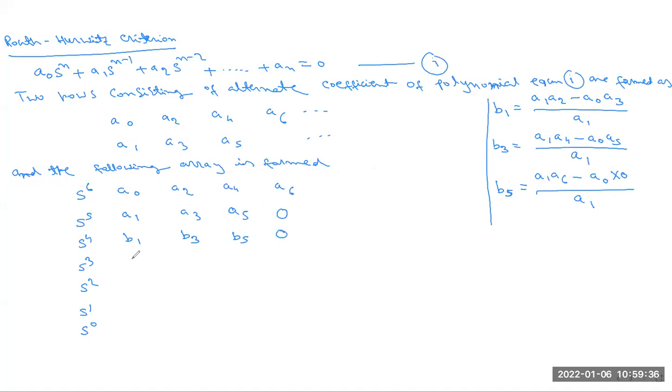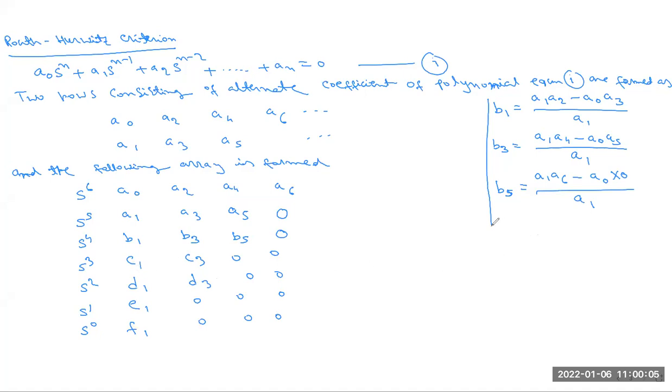Next is C1, C3, 0, 0, then D1, D3, 0, 0, then E1, 0, 0, and last F1, 0, 0, 0. The same formula is used to calculate these.